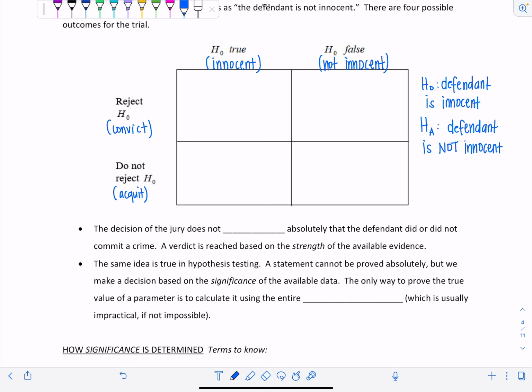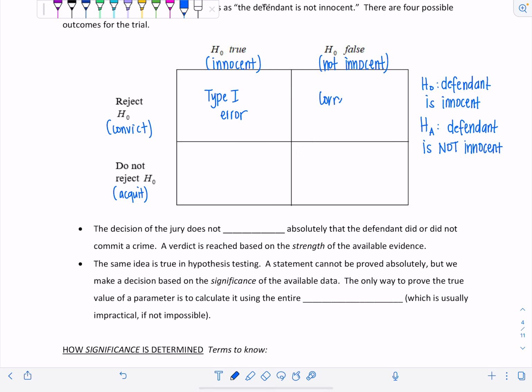Okay, say we are in this case where the defendant is innocent, but you convict them. Is that good? No, that's type 1 error. Basically, you're sending an innocent person to jail, or penalizing them in some way. What if we're over here? The defendant is not innocent and you convict them. Good job, right?